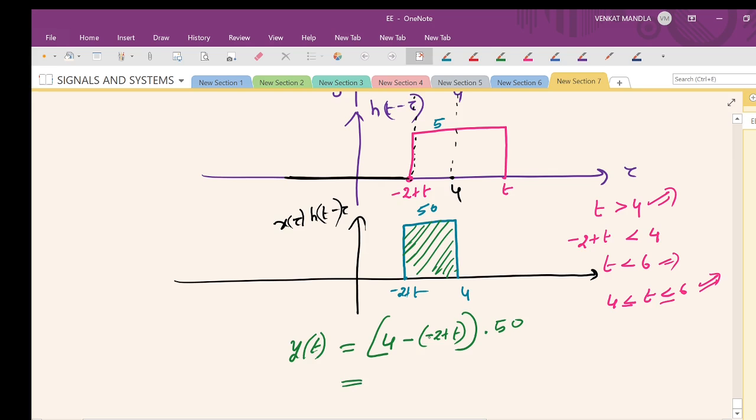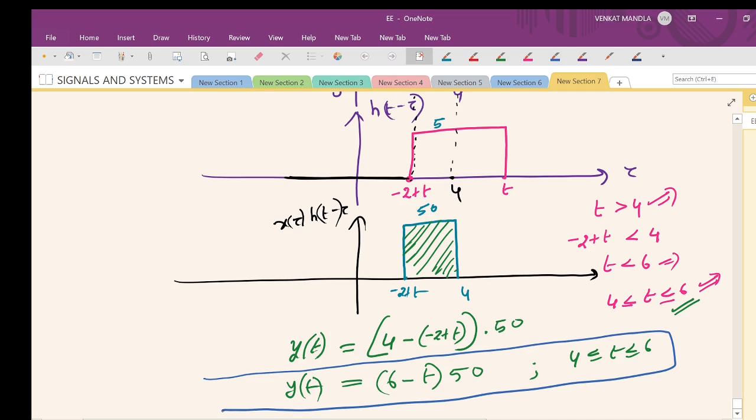This is 6 minus t, right? So 4 minus of minus 2 plus t, that is 6 minus t, into 50. The t limits are 4 less than t less than 6. This is y(t), one more output.